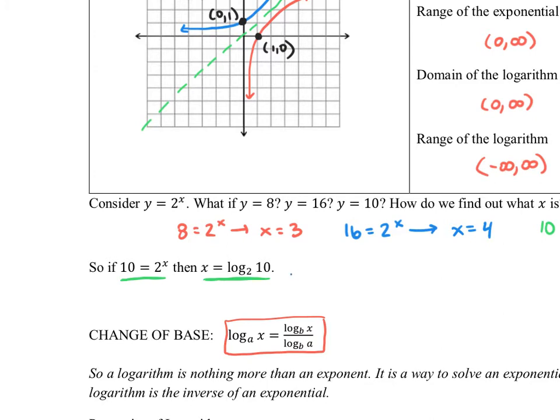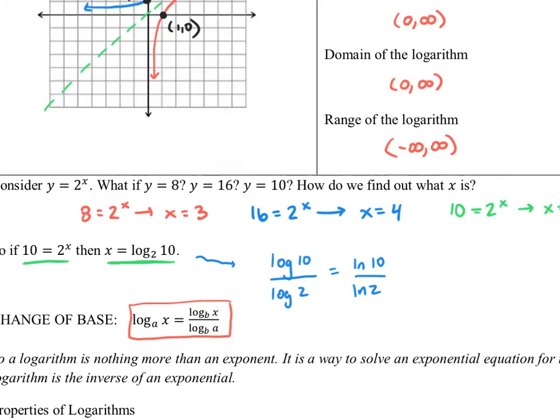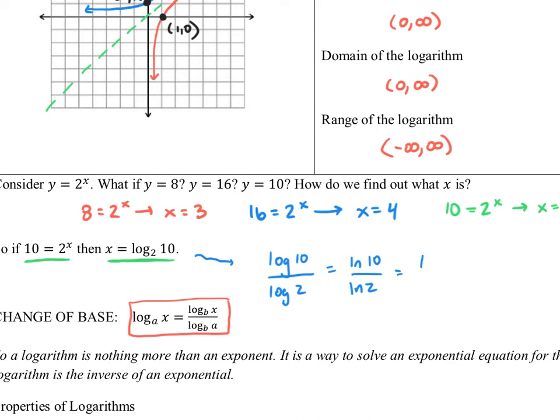In this case, let's say that we want to change it to log base 10. So we have log base 10, the common logarithm, of 10 divided by log base 10 of 2. You also could write it as the natural log of 10 over the natural log of 2. If you wanted to, for some odd reason, you could do log base 50 of 10 over log base 50 of 2.